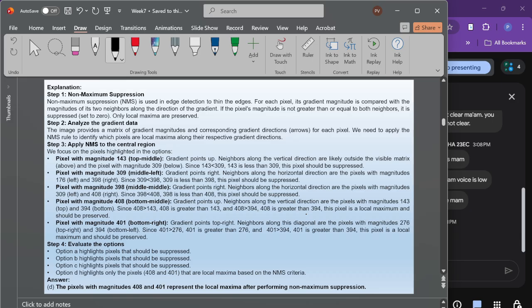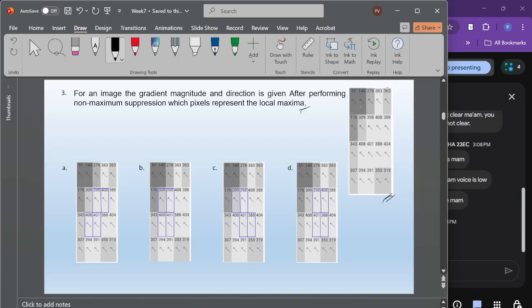Now the pixel with magnitude 143, that is in the top middle. This one is compared with this one and this one. No, only this one, because the other is not considered.